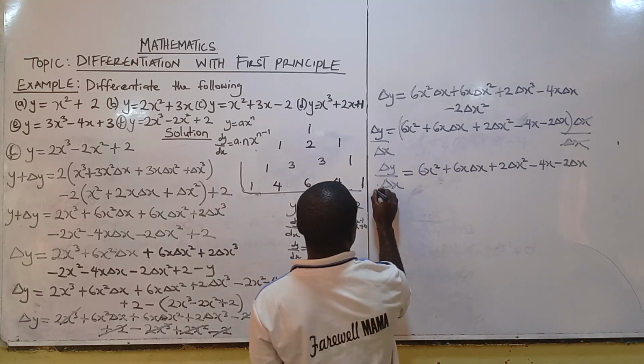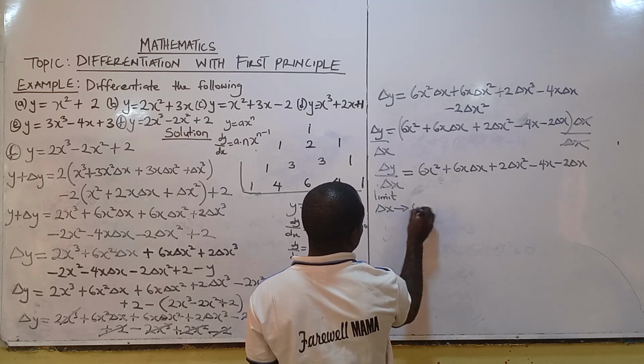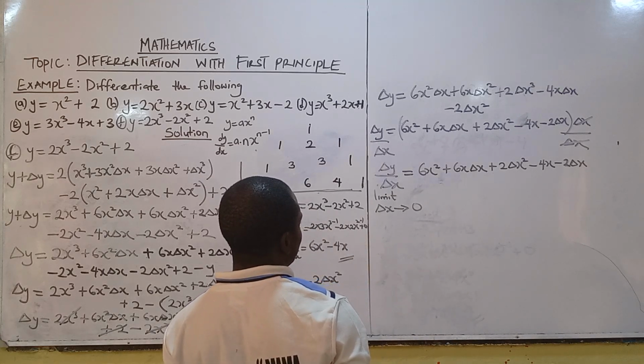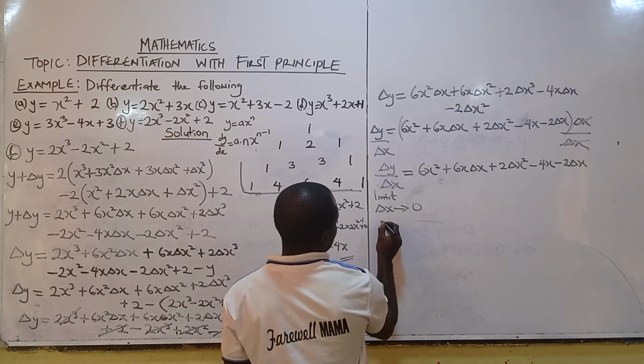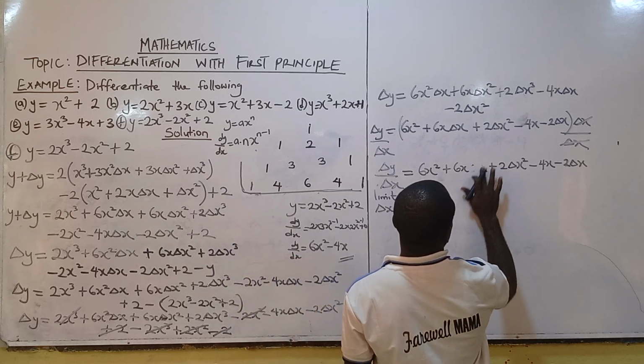That's the limit as dx tends to 0. Anywhere you see dx, you put 0 there.